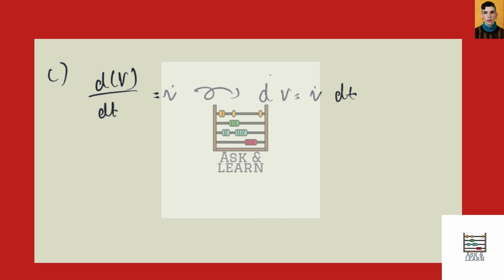Integrate within the limits V0, t0, to get V is equal to V dot t. Therefore, the expression for V(t) is V equals V dot t.